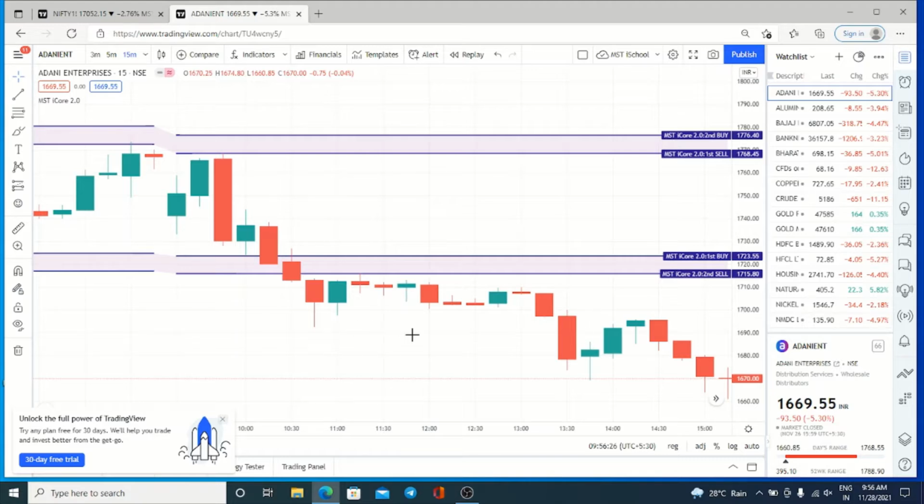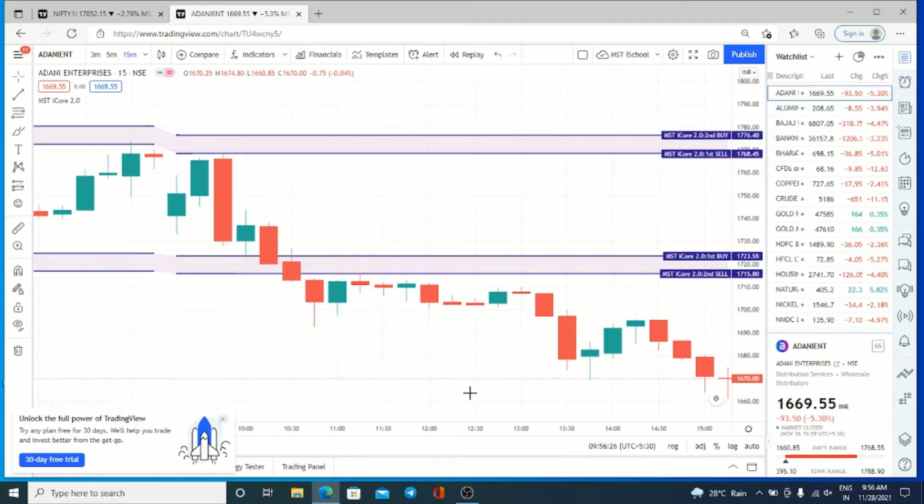Now, how to trade using our indicator? It is very simple. I will explain step by step the easiest method.